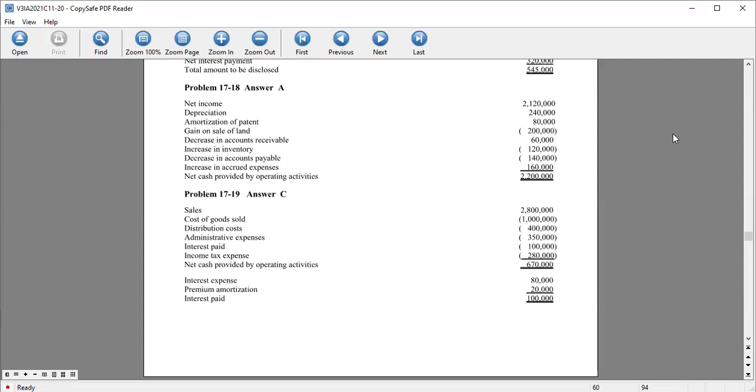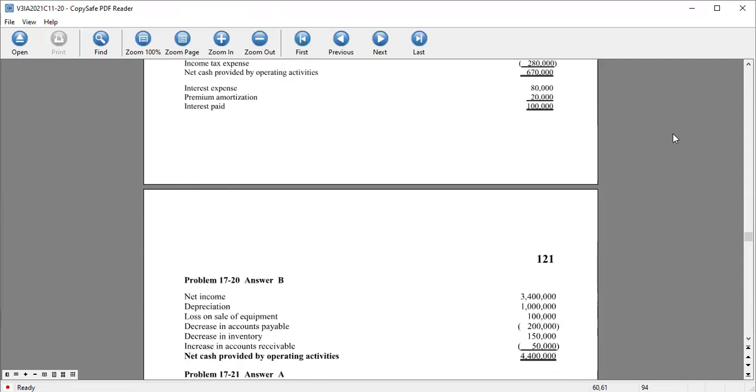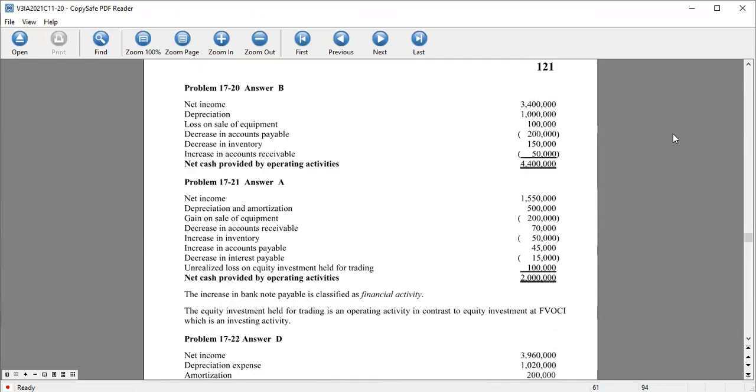Next, we go to number 20. What amount should be reported as net cash provided by operating activities? In number 20, we get the answer of letter B, 4.4 million, including net income, add depreciation, add back loss, then deduct decrease in accounts payable, add decrease in inventory, and deduct increase in accounts receivable.